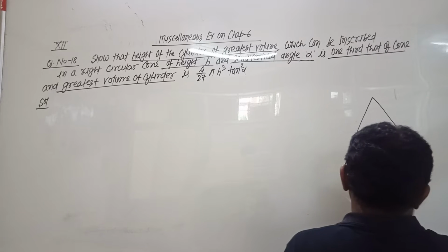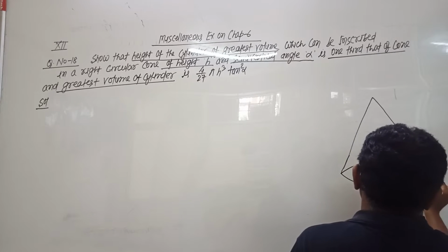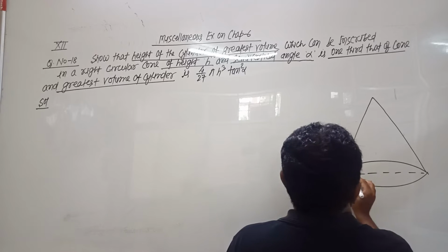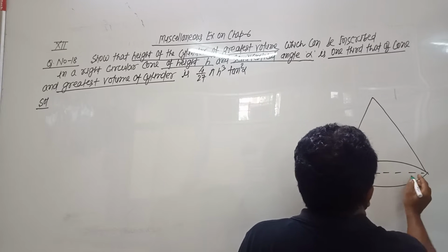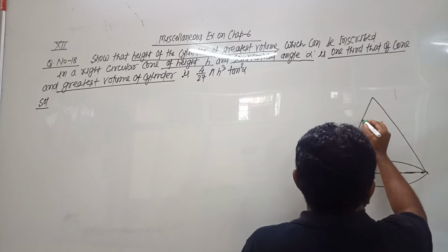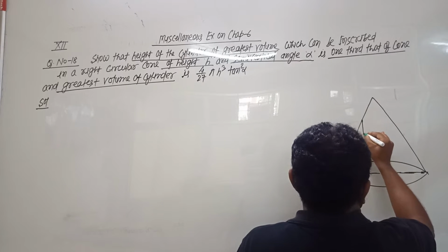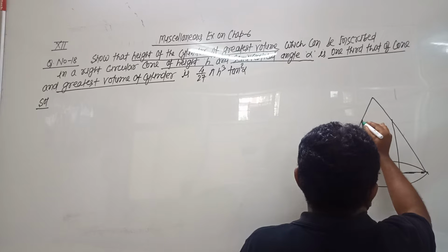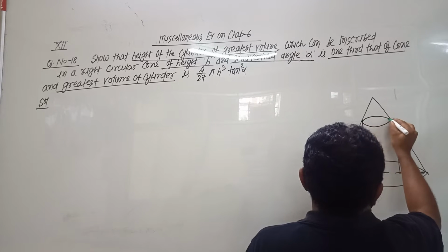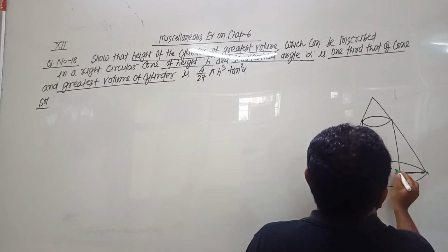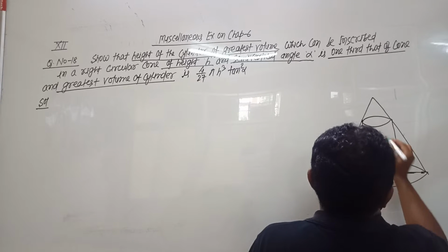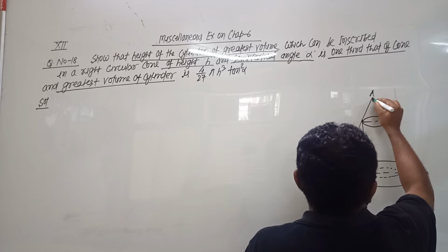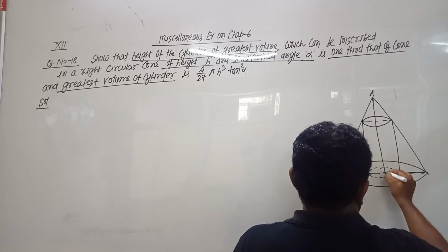So there is a right circular cone, and in the right circular cone a cylinder is inscribed. This is the height of the cone.